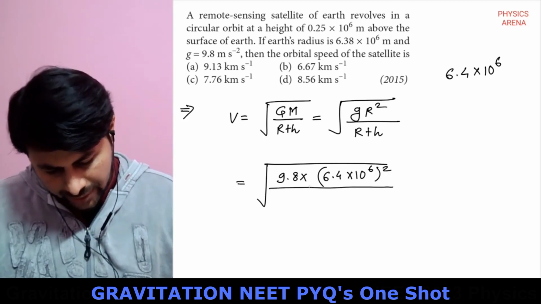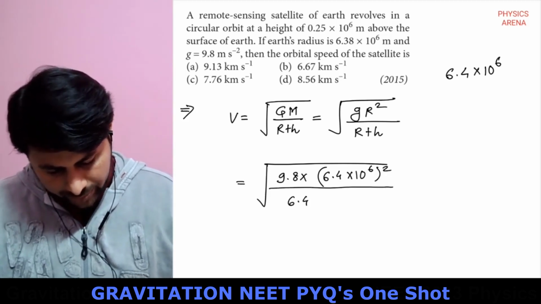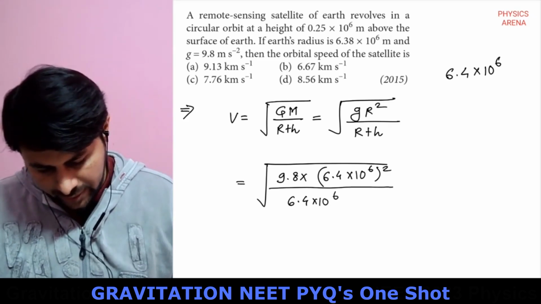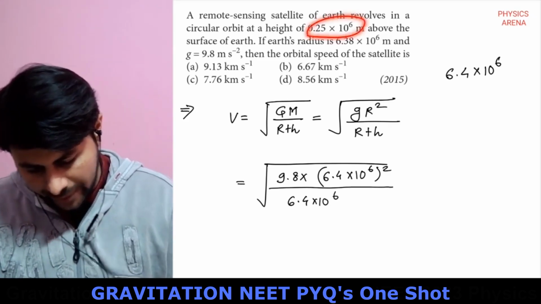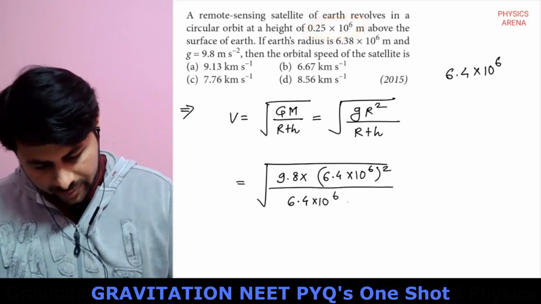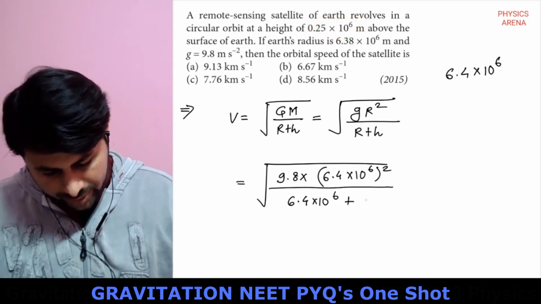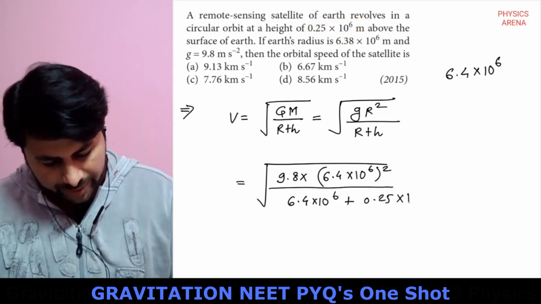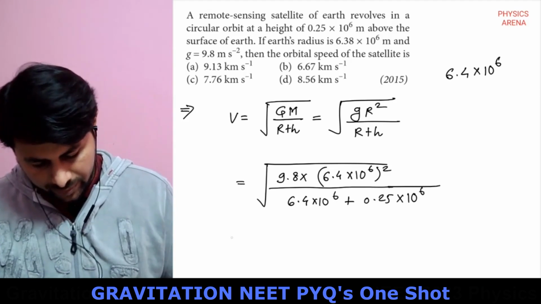So R plus h is 6.4 multiplied by 10 raised to 6, and h is 0.25 into 10 raised to 6, so plus 0.25 multiplied by 10 raised to 6.